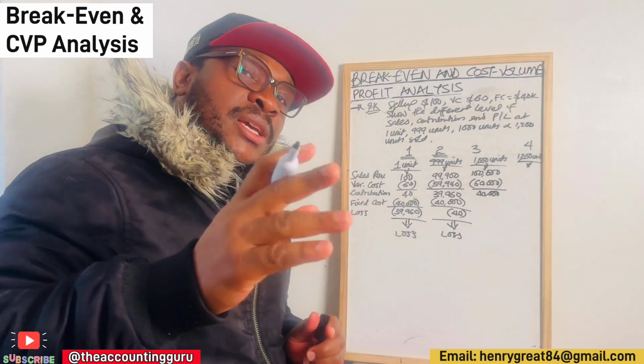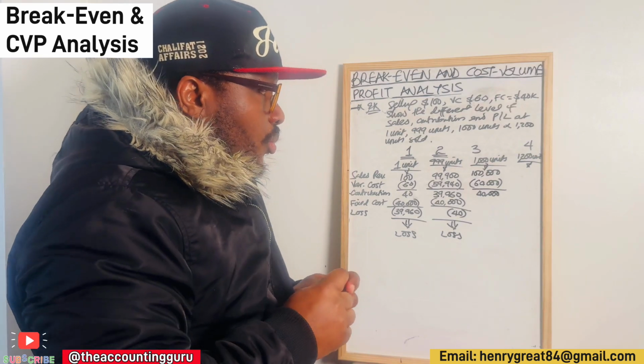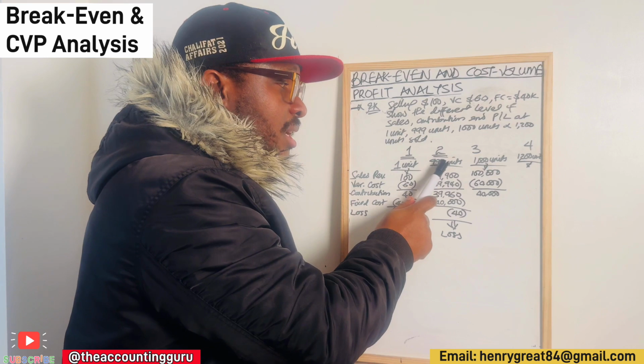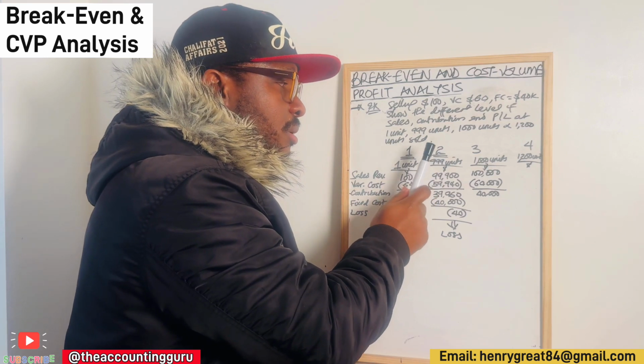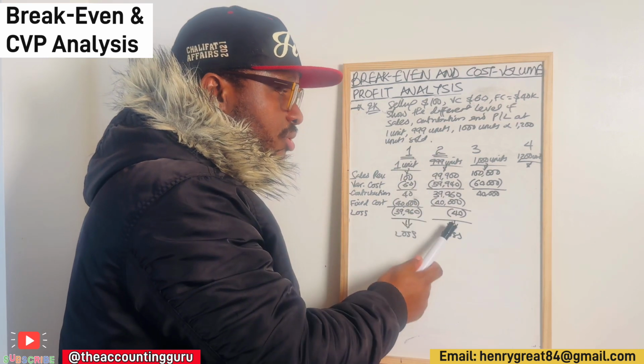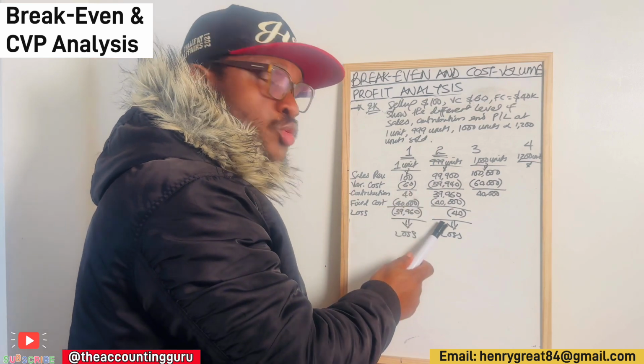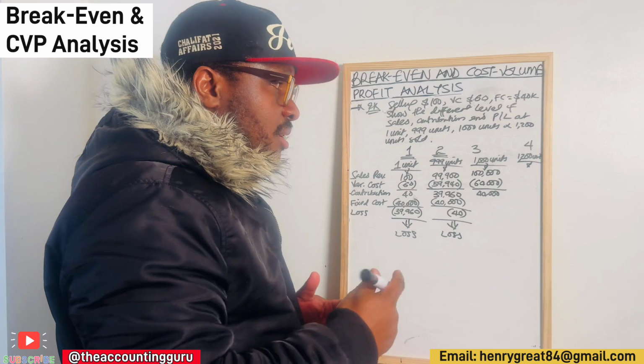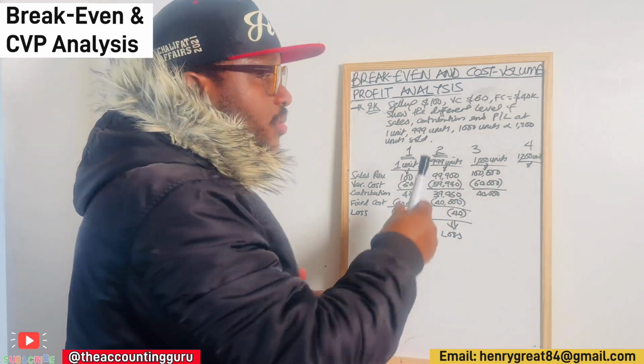Okay, you will realize something here. When an additional 1 unit was sold, the business which was operating at a loss in level 2, with an extra effort put in place, sold an additional 1 unit, bringing it to this.